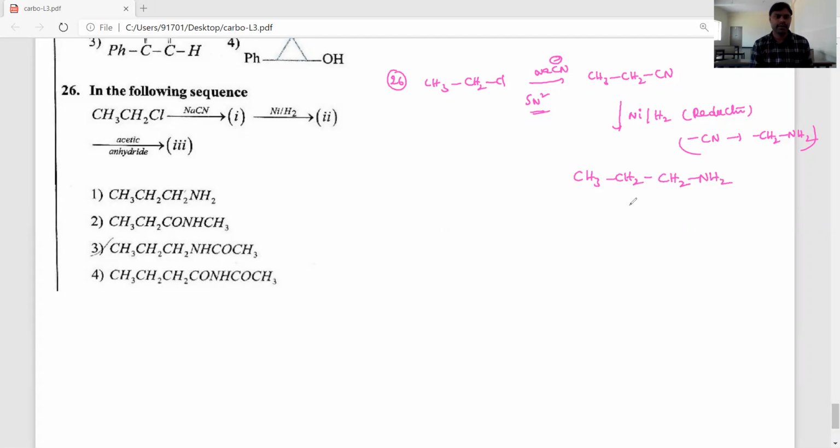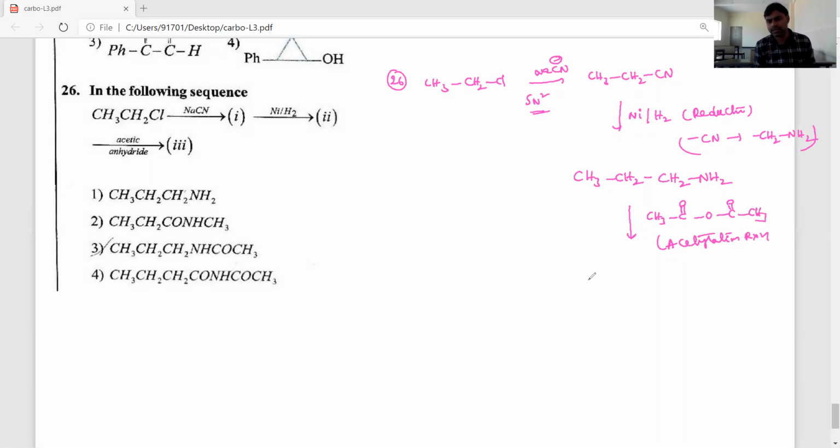Primary amine, that primary amine is treated with acetic anhydride, CH3 C=O bond C=O CH3, which means an acetylation reaction. Acetylation of amines takes place in the presence of carboxylic acids or acyl chlorides and anhydrides to produce amides.